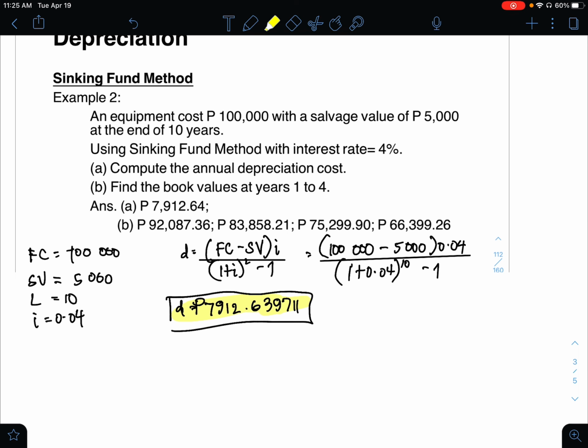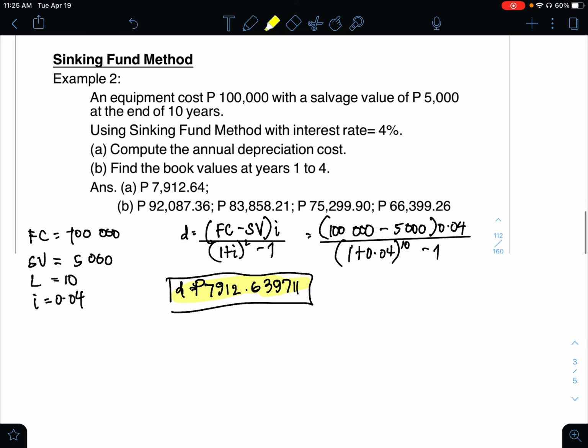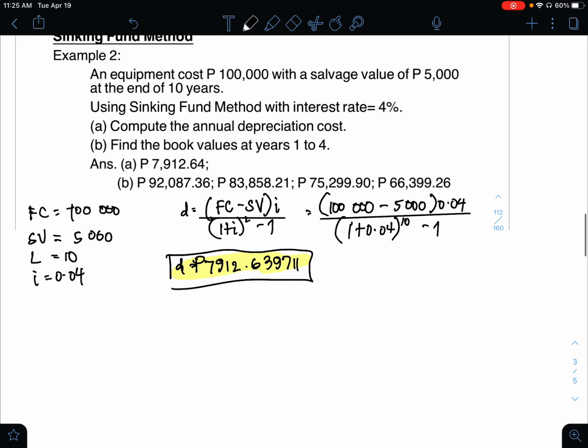Now, find the book values at years 1 to 4. Oh, yeah. So, pat ka katong pangitaon diri sa letter B. Book value 1 is equal to FC minus DM, which is D over I times 1 plus I raised to the power of M minus 1.